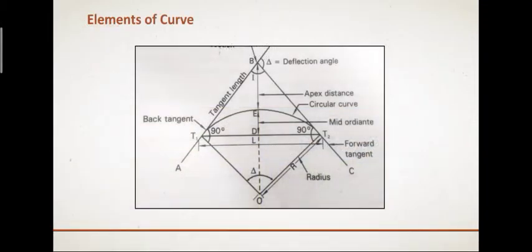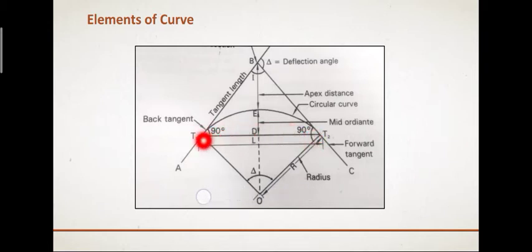So these are the elements, right? That is tangent, back tangent, tangent length, length of the curve or circular curve. This is the apex distance, the distance from the summit of the curve to the point of intersection. That is I. That distance is called the apex distance. It is called the long chord.